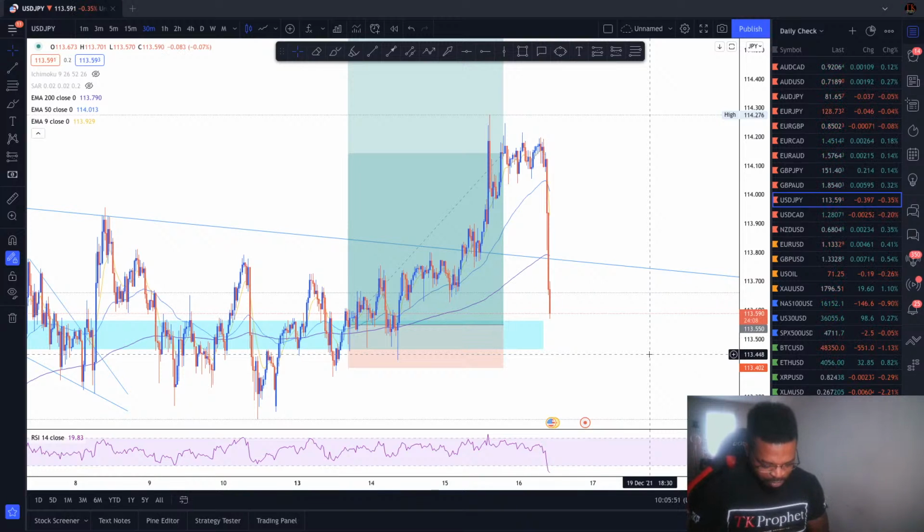So figure out whatever your account balance is. Go to FX calculators and put that balance in.